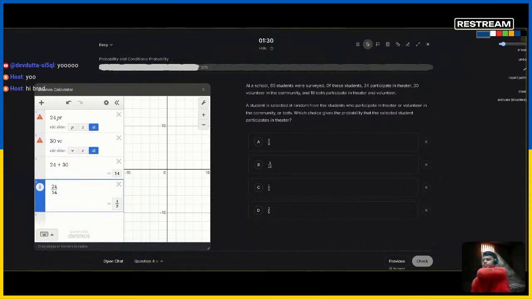Which choice gives the probability that the selected... can I do it this way? Oh wait, no, it's still wrong though. The max is 60.